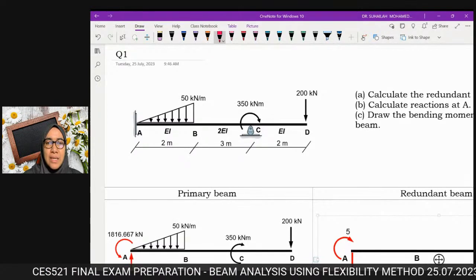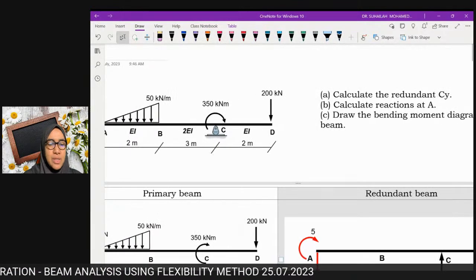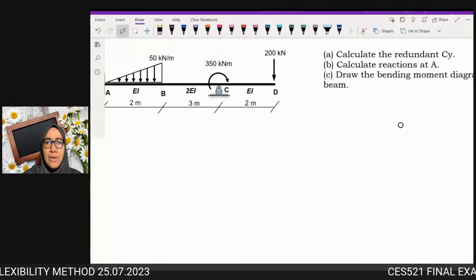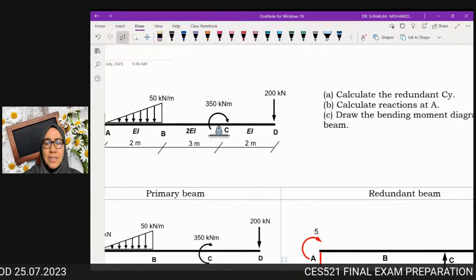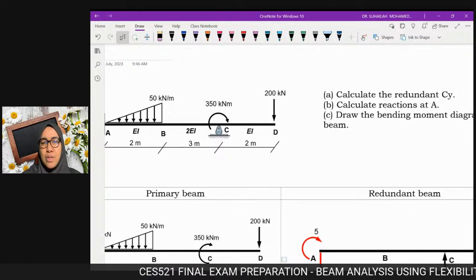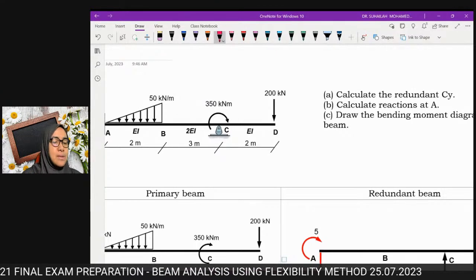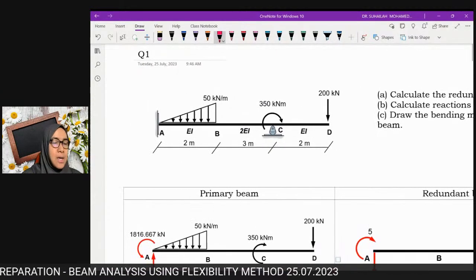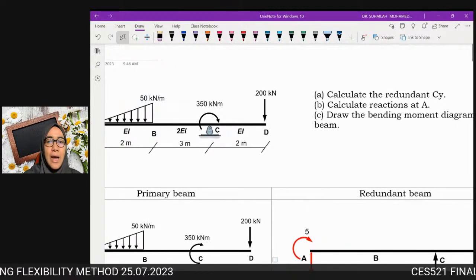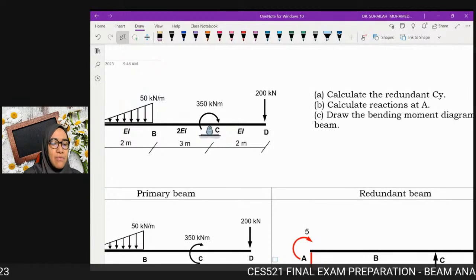So this is an indeterminate beam, and if we look at the question, we have to calculate the redundant Cy, and after that we have to calculate the reaction at A. By looking at the supports, there are 3 at A and 1 at C, so the total is 4 unknown reactions.